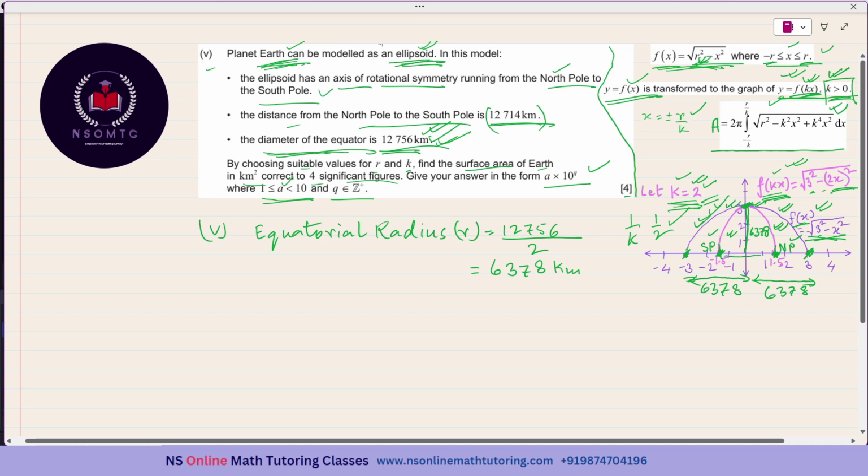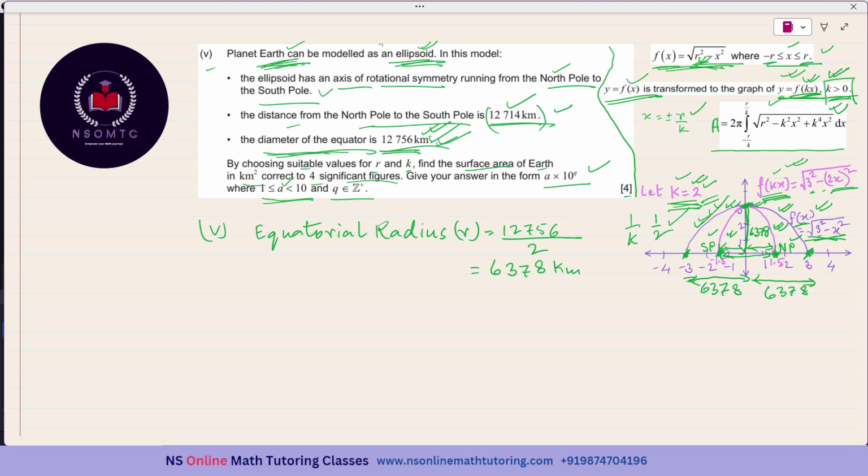And the total distance between these 2 points will be 12,714 kilometers. So what is the radius between this point and this point? It will be half of that.